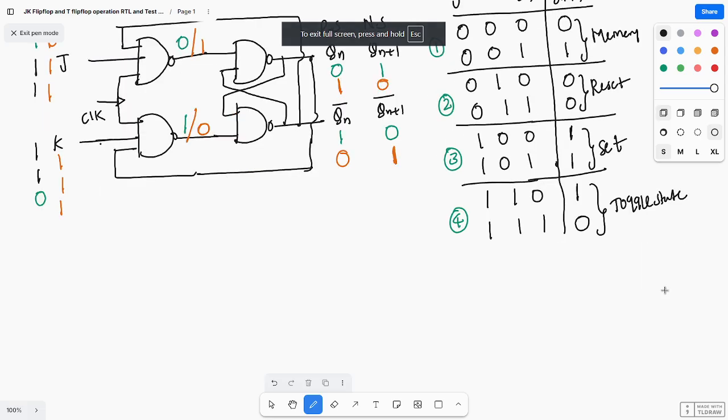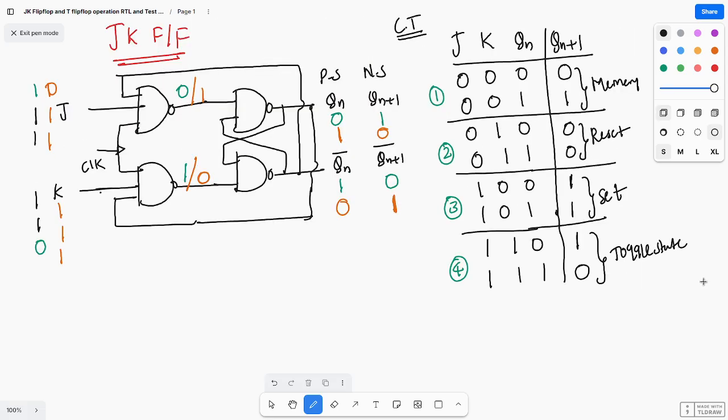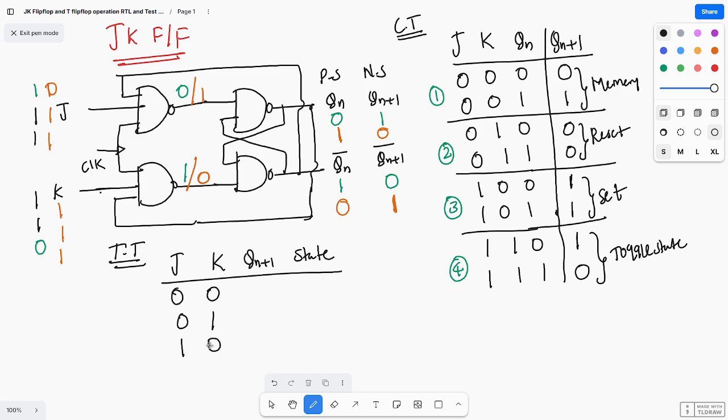Next, this is the characteristic table. By seeing this characteristic table, I can draw the truth table. Here you see the truth table: J, K, Qn plus 1 and state. How many possible combinations? 4 possible combinations: 0 0, 0 1, 1 0, 1 1.